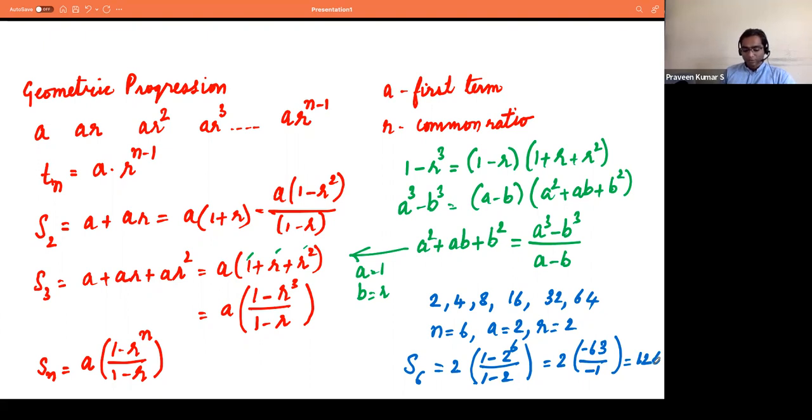Okay. So in the case of geometric progressions, it is important that you understand that these numbers occur in a particular pattern. Now, just as we had introduced an arithmetic mean, what was the arithmetic mean?